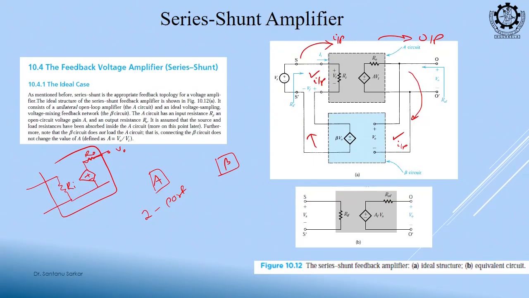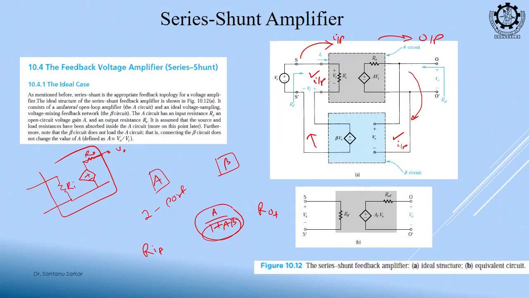We already know what our gain will be. We will check with this complete circuit, and we will also check what our input impedance and output impedance are, the closed loop versus the open loop, how Ri and Ro are getting modified.